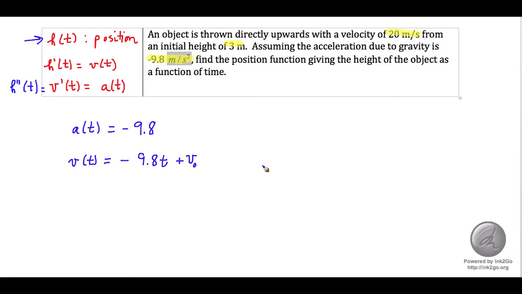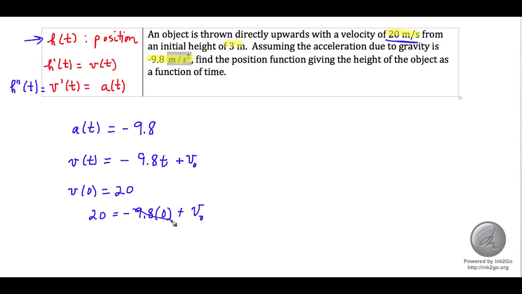Now, we want to figure out what V naught is equal to, so we're going to use the fact that it was launched at a velocity of 20. That means v of 0 is equal to 20. So 20 is equal to negative 9.8 times 0 plus V naught.